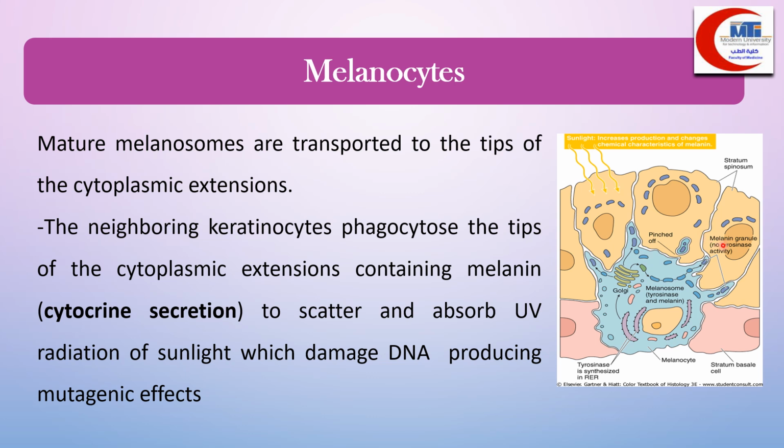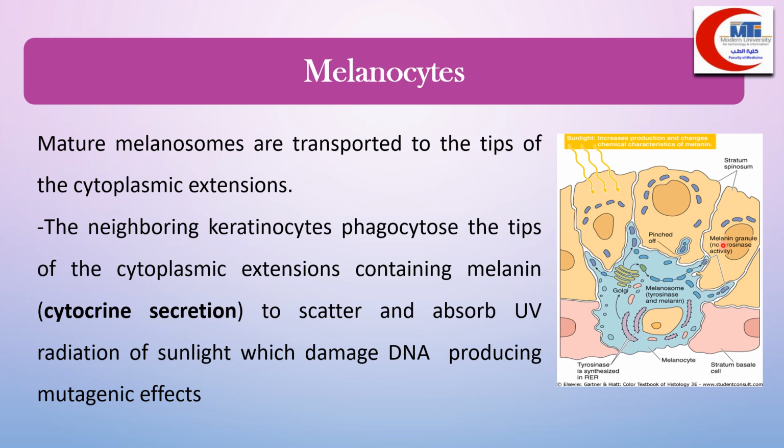So the keratinocytes obtain the melanin granules from the melanocytes by cytocrine secretion. Keratinocytes can't synthesize the melanin granules. So keratinocytes are DOPA negative cells. They contain no tyrosinase enzyme.